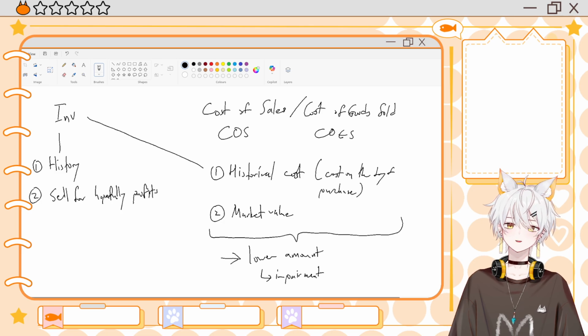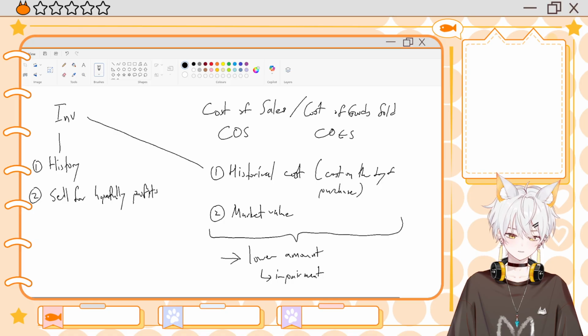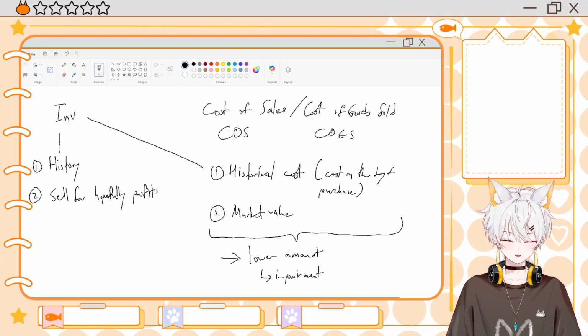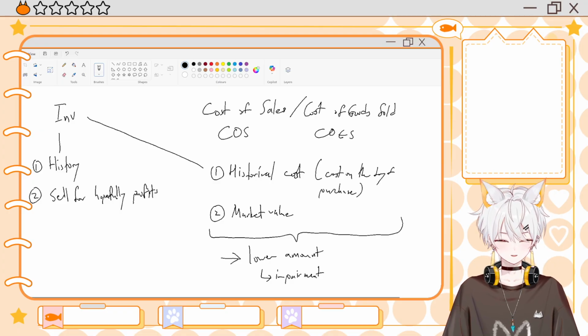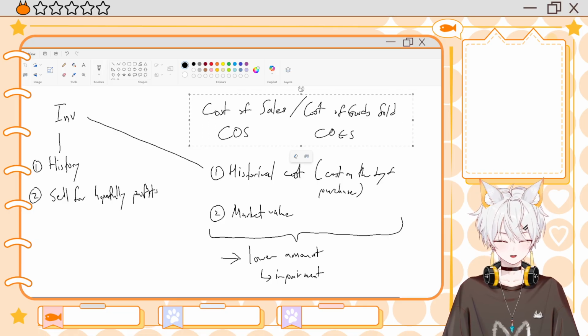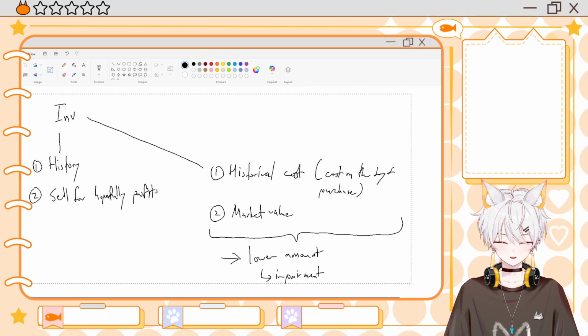Let's say I bought a box of toys. That's an inventory. I bought it at, let's say, $30. I intend to sell this for a value of, say, $50.